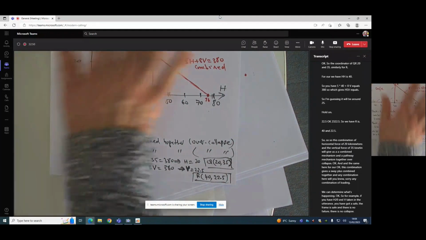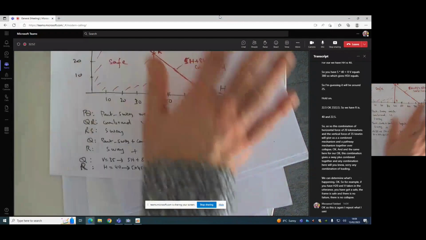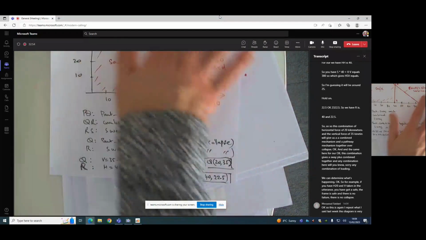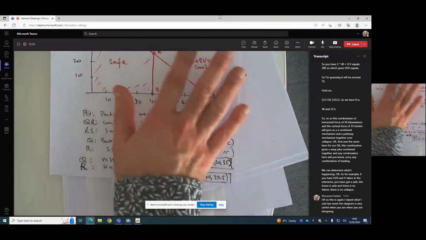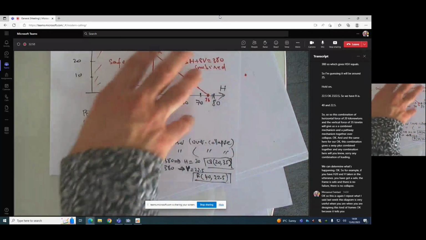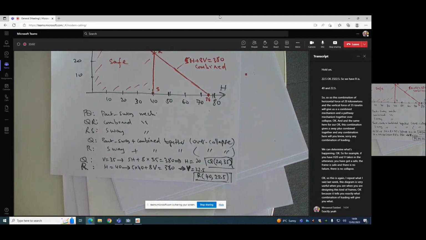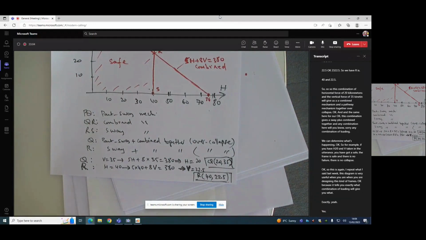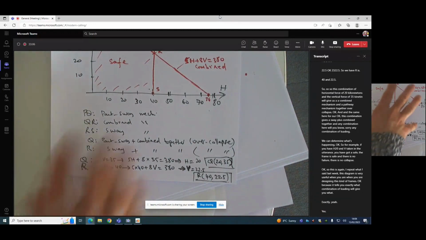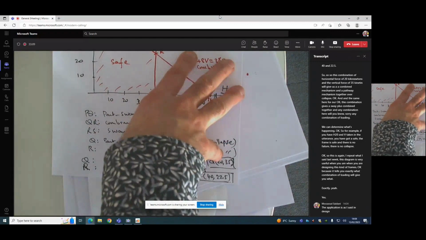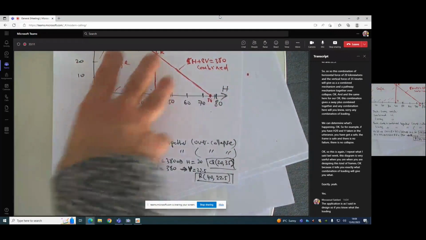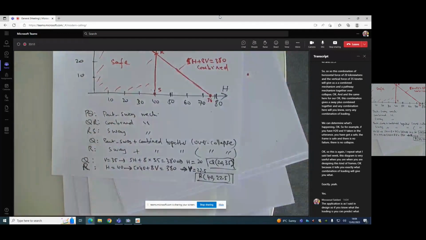Again, I repeat what I said last week. This diagram is very useful when you are designing this kind of frame, because it tells you exactly what combination of loading will give you what. Is that clear? The application is, as I said, in design. If you know what the loading is, you can predict how your frame will fail.